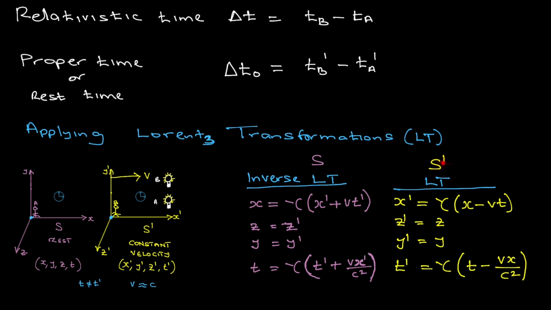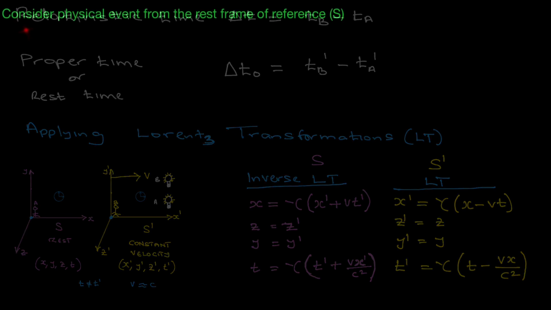For S prime, the Lorentz transformation: X prime equals gamma open bracket X minus Vt close bracket, Z prime equals Z, Y prime equals Y, T prime equals gamma open bracket T minus Vx over C squared close bracket.